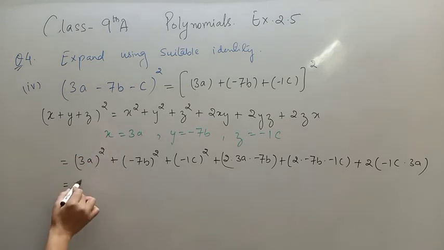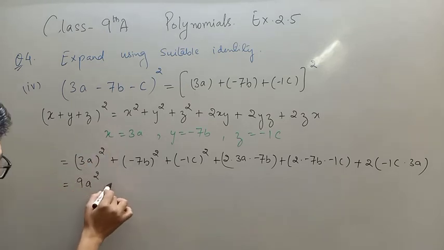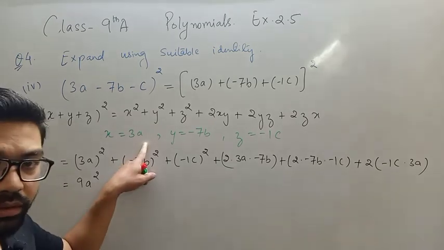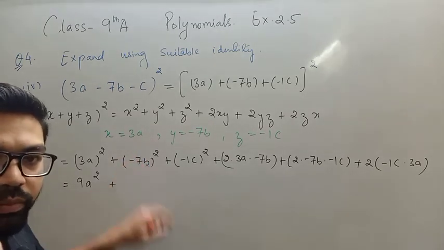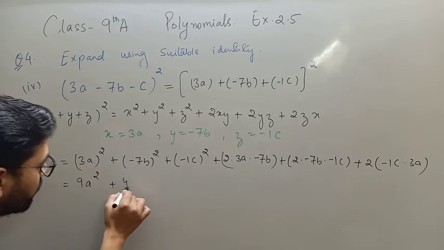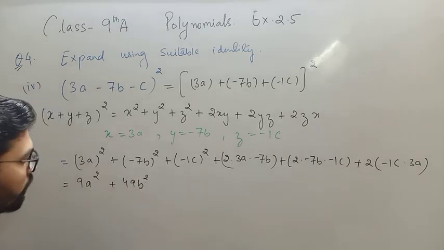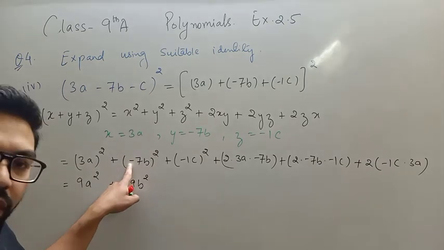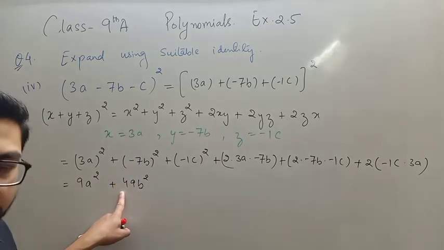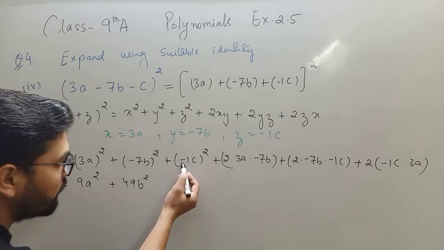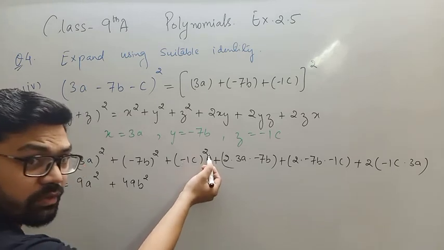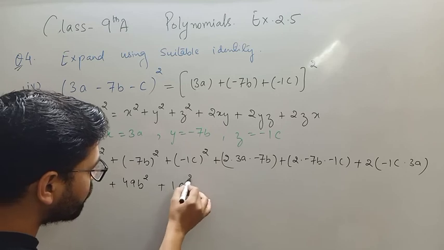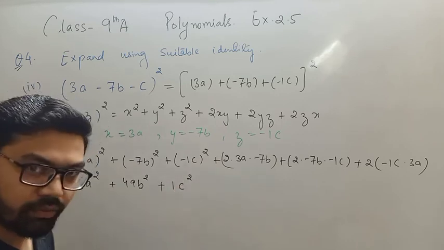3 3s are 9a square plus minus 7 square. Square of minus 7 will give you plus 49, right? So 49b square, as I have already told you, if the degree of minus 1 is even, then always a positive sign comes in the result, right? Similarly, the degree of minus 1 is even, so you can simply write plus 1c square, because the square of 1 is again 1.